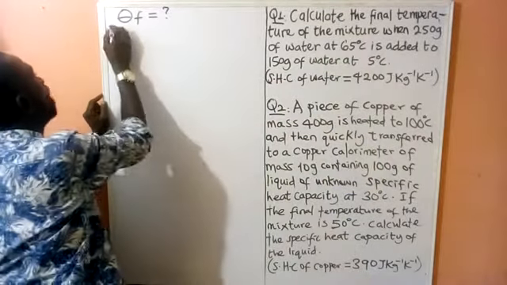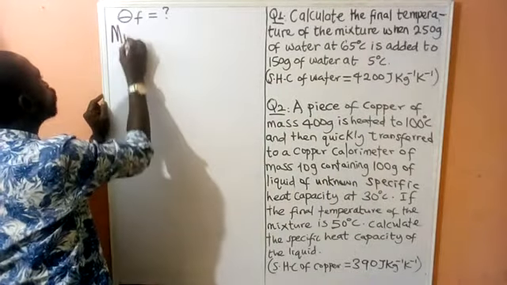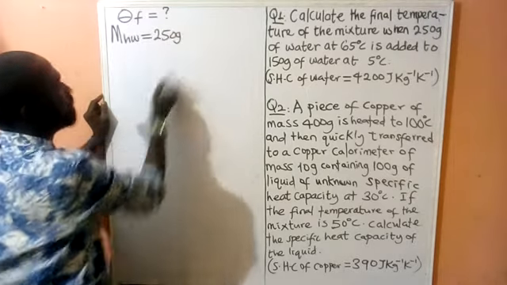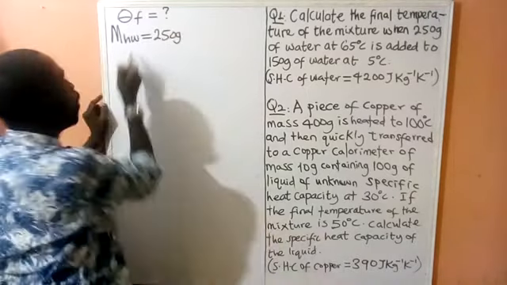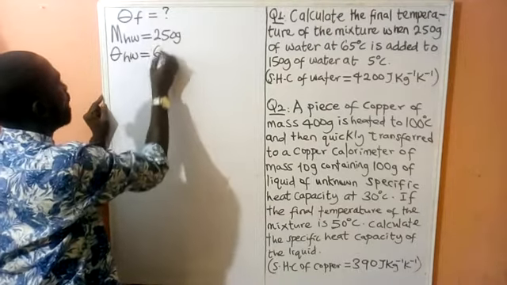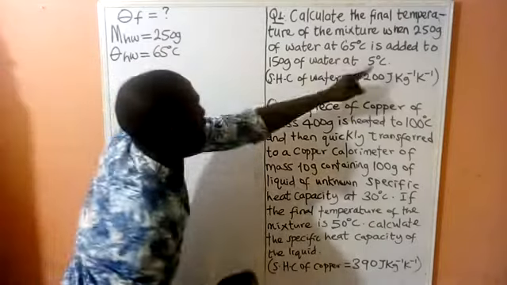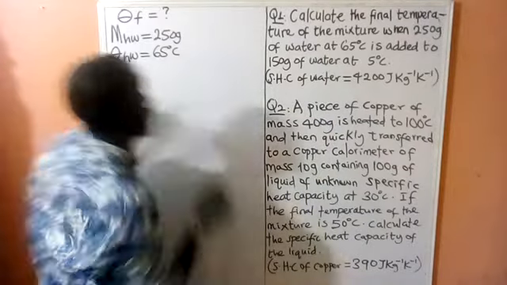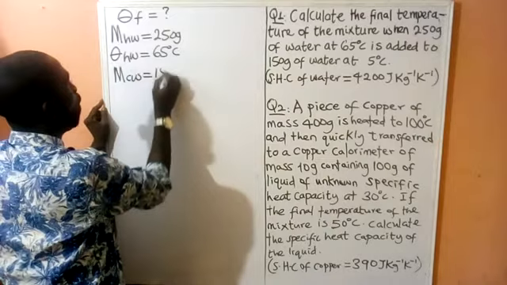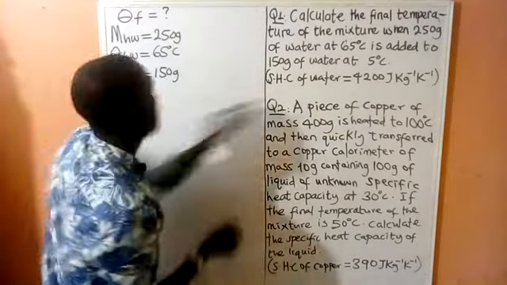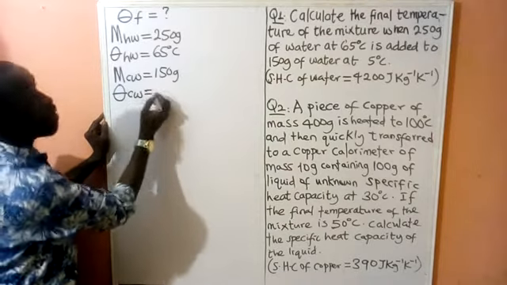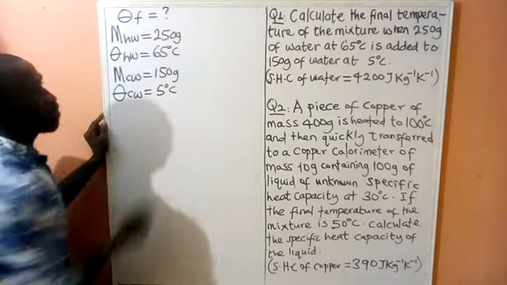The temperature of hot water is 65 degrees Celsius. The mass of cold water is 150 grams. The temperature of cold water is 5 degrees Celsius.